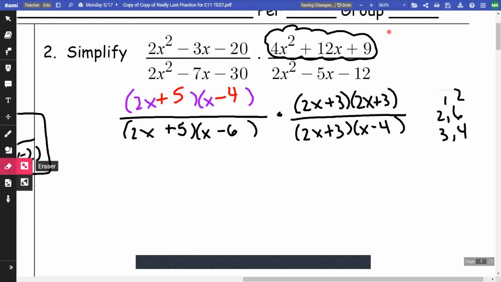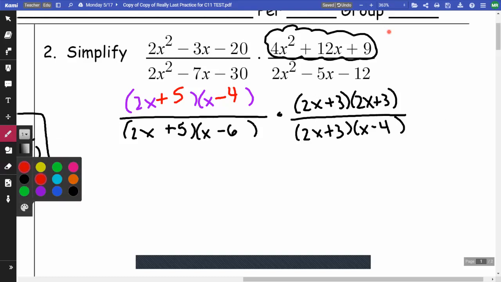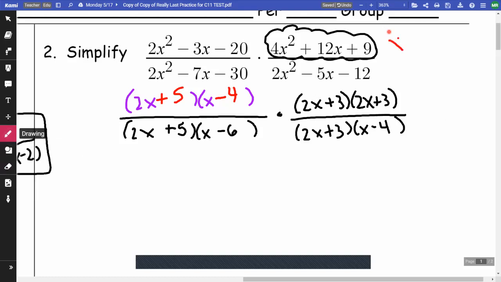Okay, so now I need to give restrictions. So my restrictions: x cannot be negative 5 halves, x cannot be 6, x cannot be negative 3 halves, and x cannot be 4. So I have all of those from these, just the denominators. And now let's see if we can simplify.